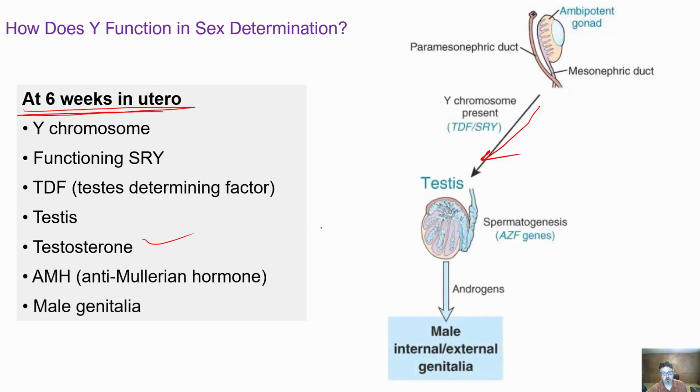As long as those two are secreted properly, then we will get formation of the male genitalia. So all of these steps have to occur. You have to have the Y chromosome, functioning SRY, TDF. You have to develop the testis. Then you have to have enough testosterone and secrete the anti-Mullerian hormone to get your male genitalia formation. And all of this starts at 6 weeks. A lot going on there, right?